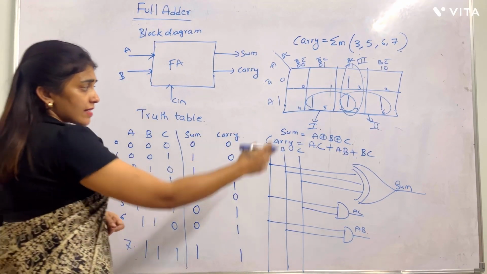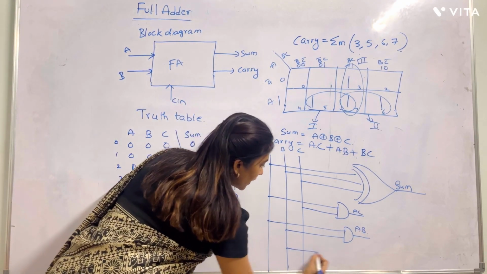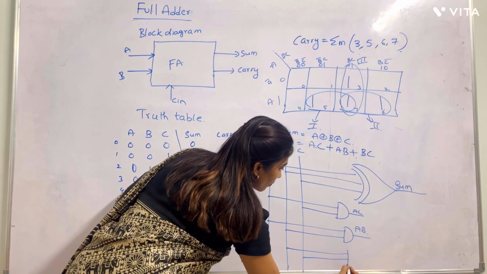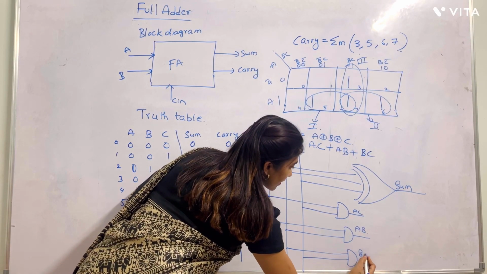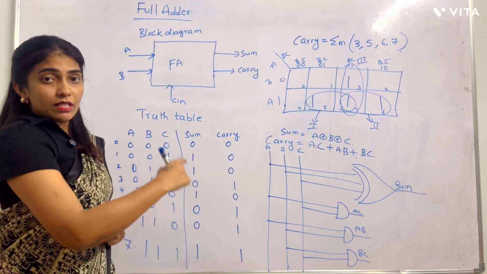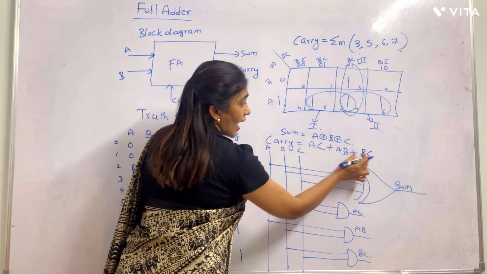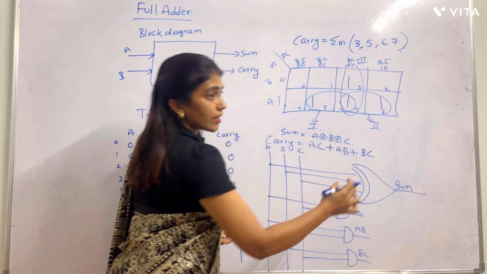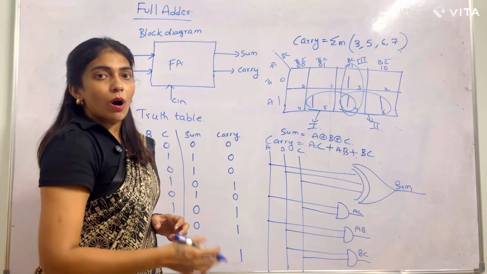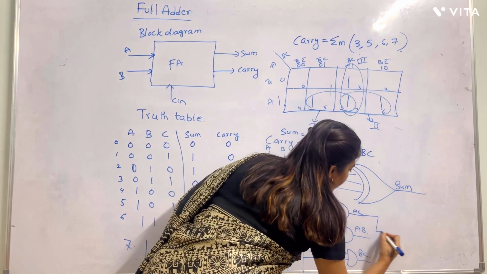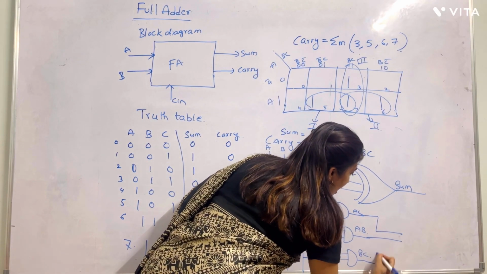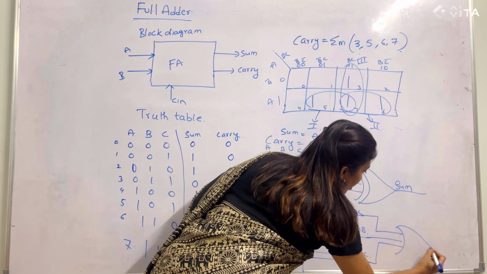The last term is BC. B and C are given to one more AND gate, that is BC. Okay, so these three terms are added together, right? Adding together with which gate? OR gate. So I am giving these three lines to one OR gate.